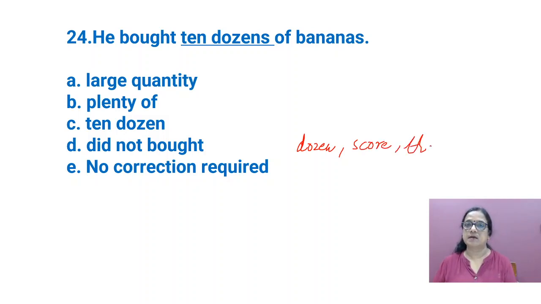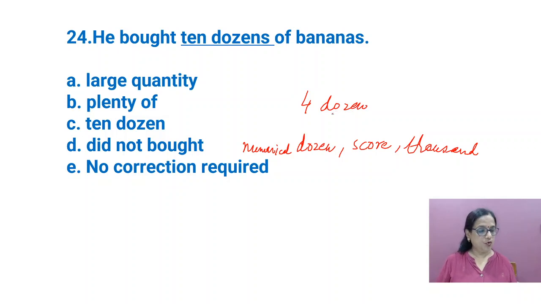Thousands. All right, if before these words, million, pair, numerals are used, that is 4 dozen, all right, 4 dozen, or like this.